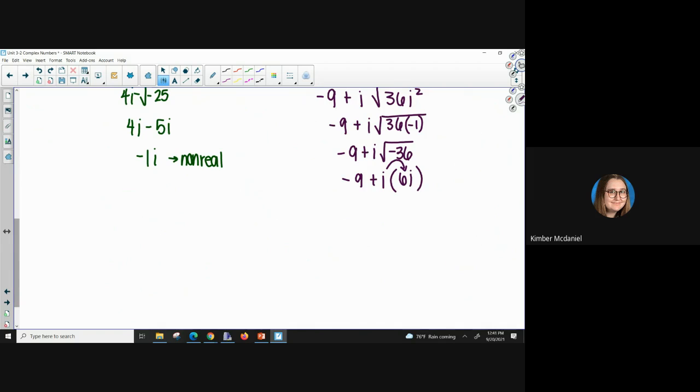So I have -9 plus 6i squared. We're going to replace i squared with a -1. So I have -9 plus 6 times -1. That gives us -9 minus 6, which gives us a final answer of -15. Real or non-real? Real. So are we going to check that final answer choice? No.